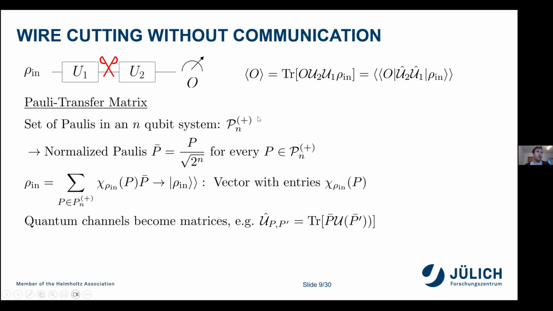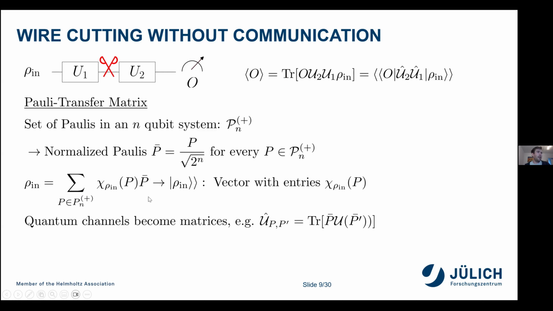So this is how we label the Paulis in our system. Then we can define the normalized Paulis. The idea is now simply that you write the density matrices as a sum over the normalized Paulis.